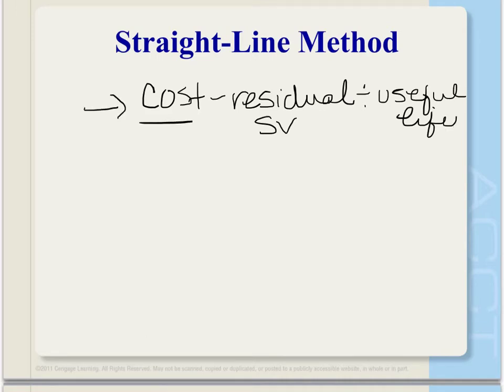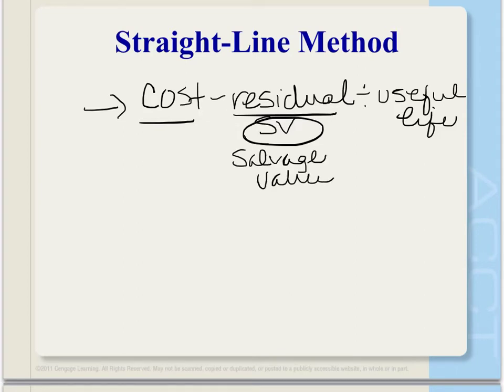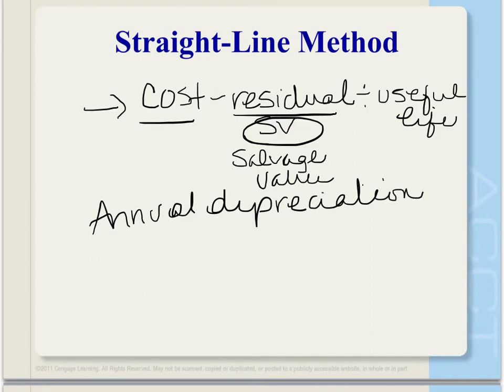Cost minus residual value or salvage value, they're used interchangeably, and I will use them interchangeably, divided by the useful life of the asset. This gives us the annual depreciation for the asset, so it gives us 12 months' worth of depreciation.